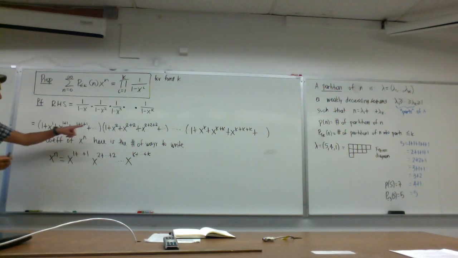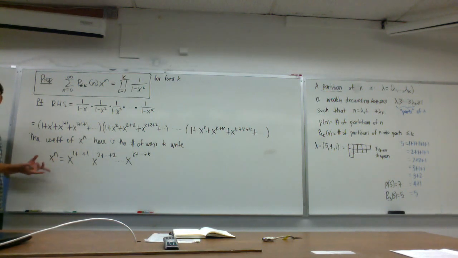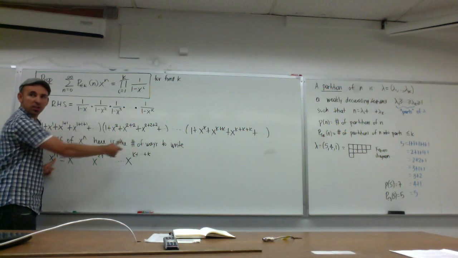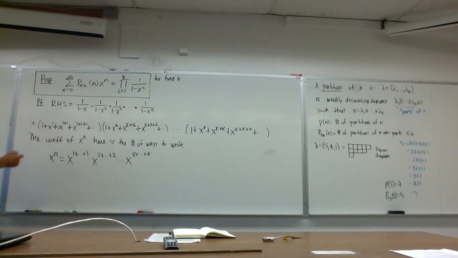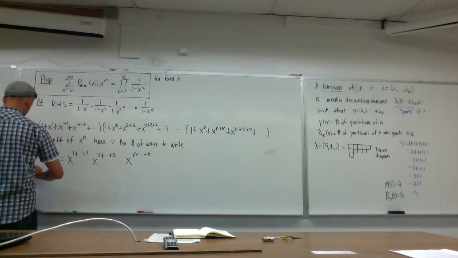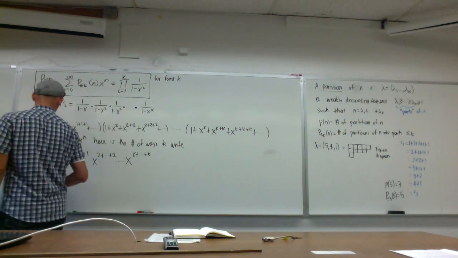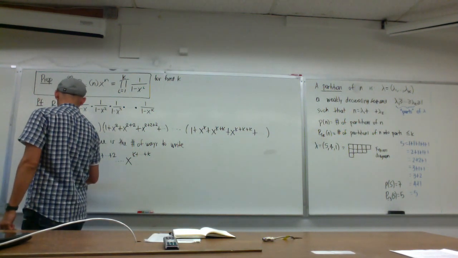Okay, you choose one term here, etc. But you see what it is exactly: a way of writing n as a sum of 1s, 2s, 3s, up to k's. Which is just what we want.